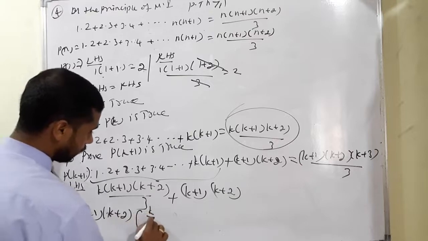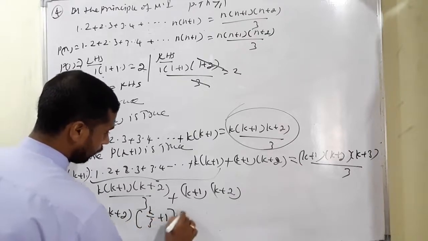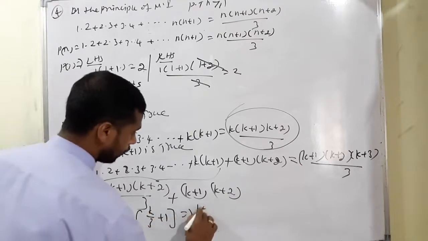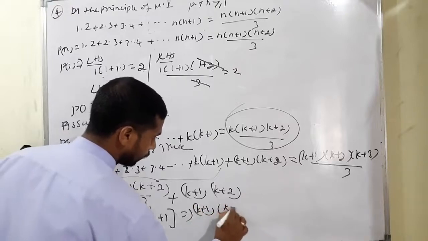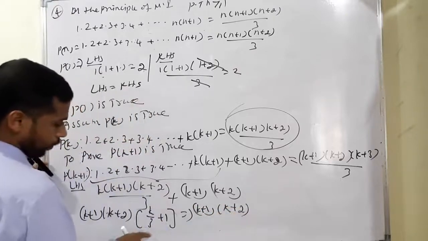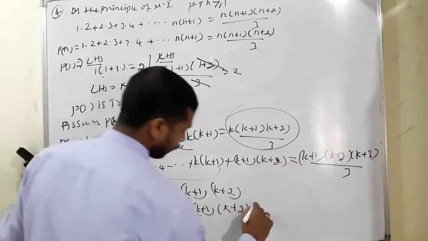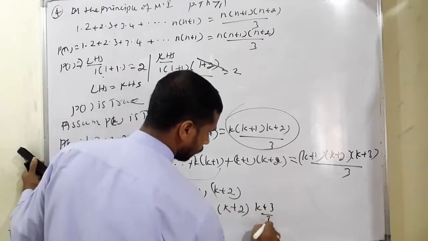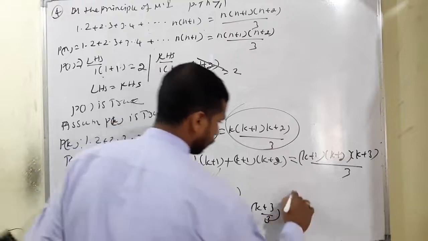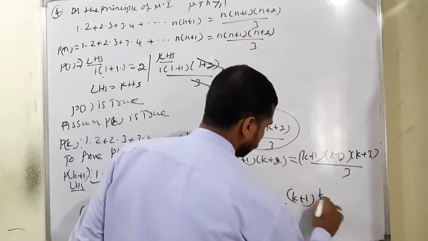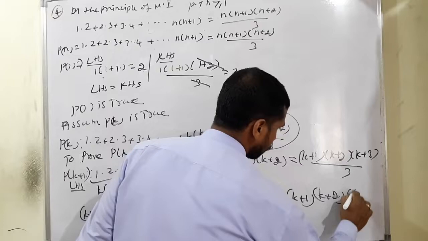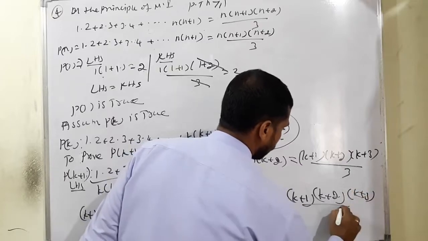Then inside, k by 3 plus 1. Therefore, (k plus 1) into (k plus 2) into, simplify, 1 into 3 is 3, so (k plus 3) divided by 3. Therefore, this is (k plus 1) into (k plus 2) into (k plus 3), the whole term divided by 3.